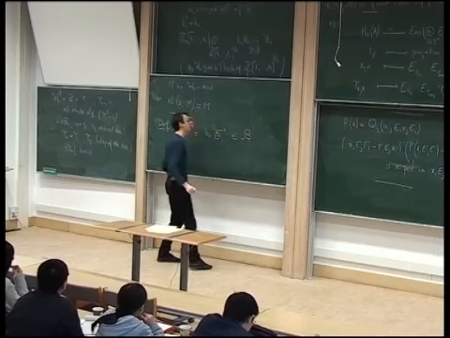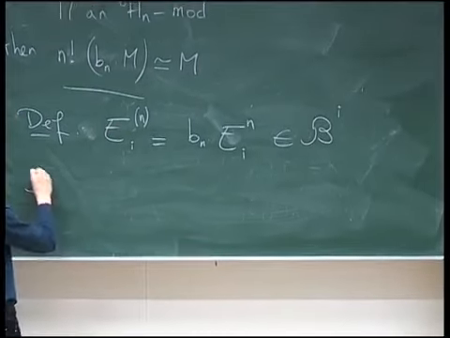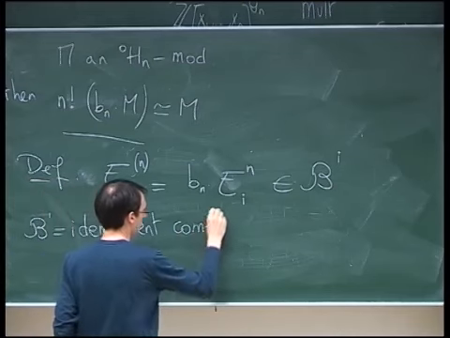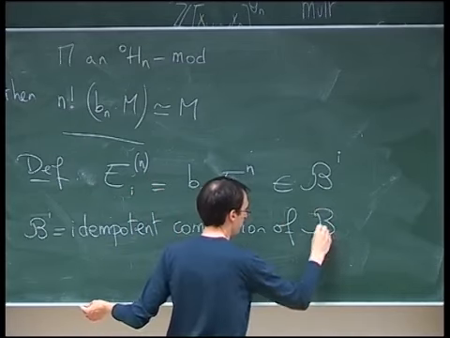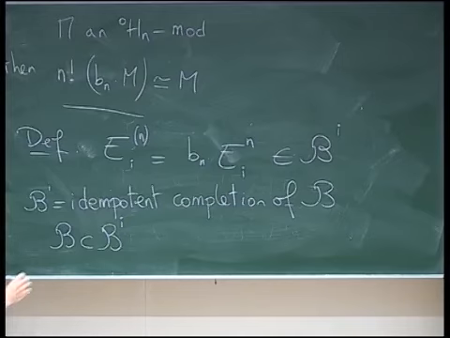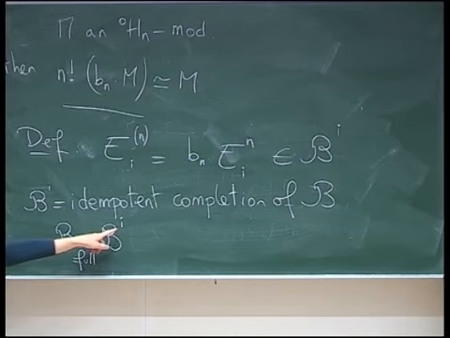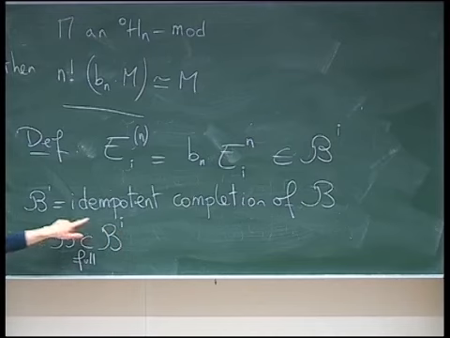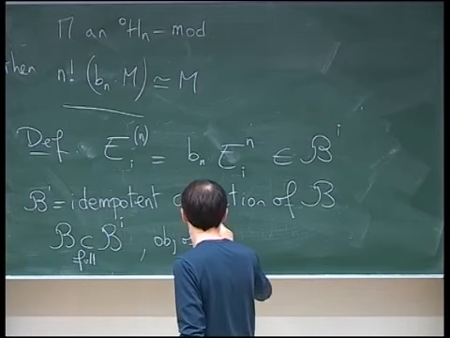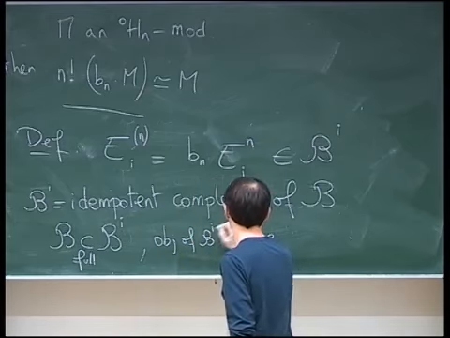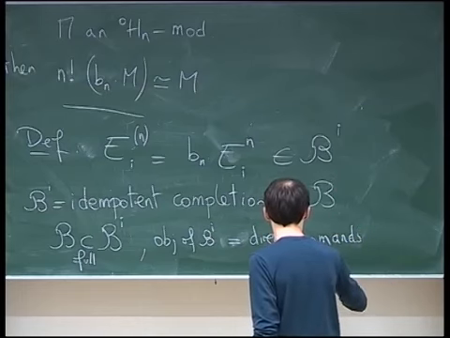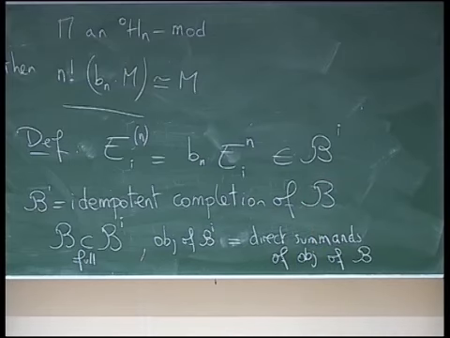So that's an object in a new, slightly bigger category, B upper I. B upper I is the idempotent completion of B. So B is a full subcategory of B upper I. And the objects of this category are exactly finite direct sums of direct summands of objects of B. So you can make a category like that.